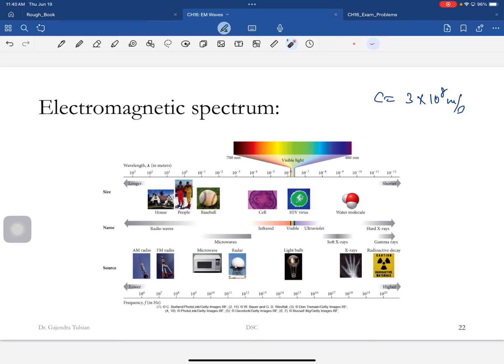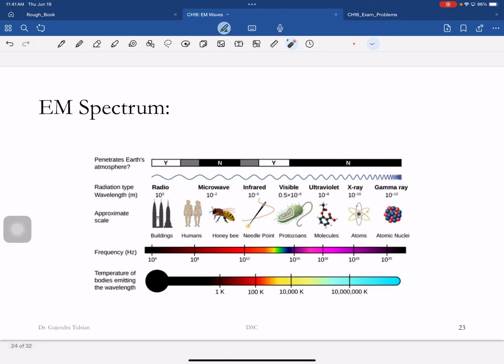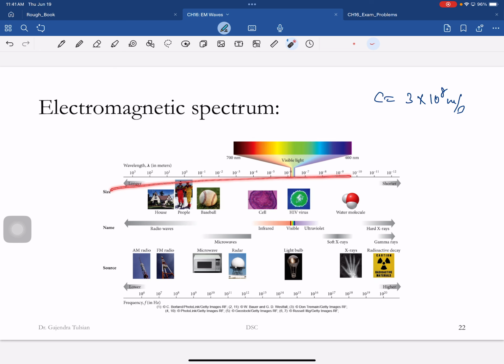All right, so we'll talk about an afternoon where Mr. Maxwell realized that visible light was an electromagnetic wave. Okay, so that's what we'll start off with. So anyway, this is the electromagnetic spectrum.